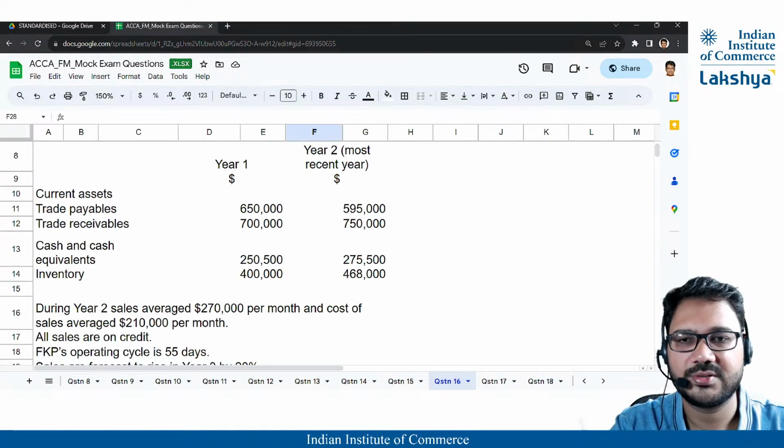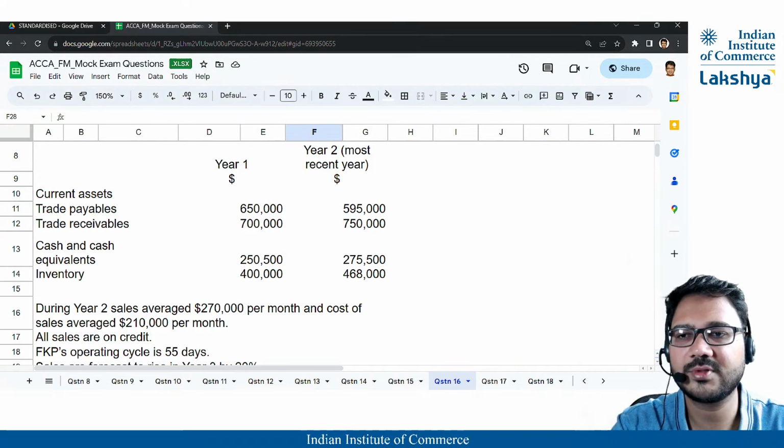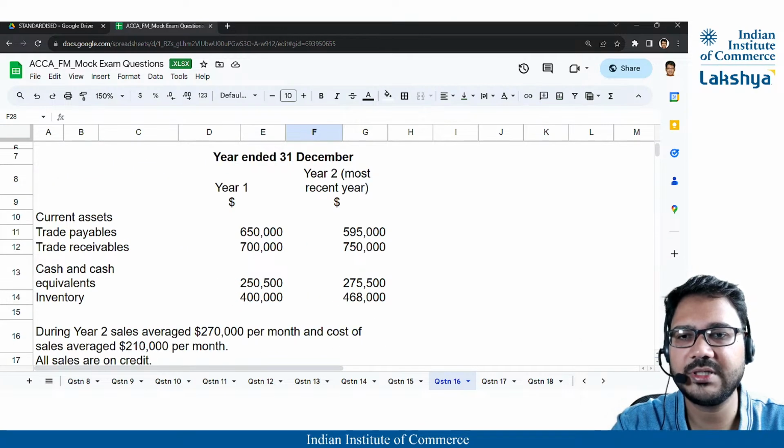Wait a minute. Now our working capital will be 595. Sorry, that's payable. Current asset has payables and receivables. I think there is some typo in the question because trade payables should be current liabilities.